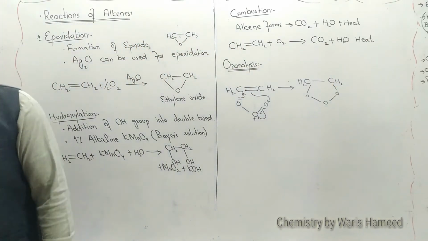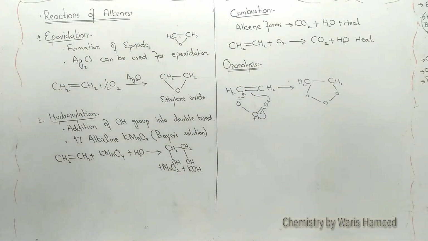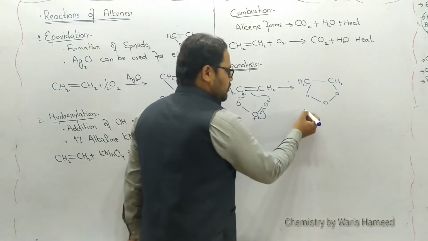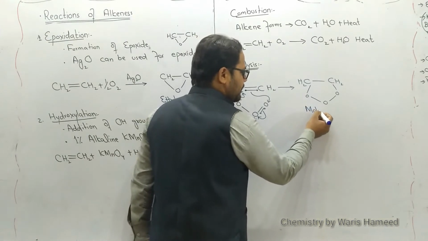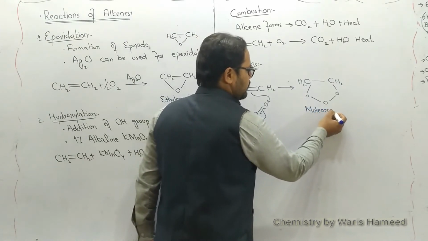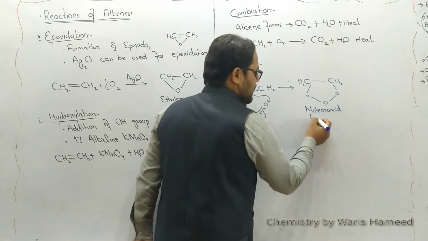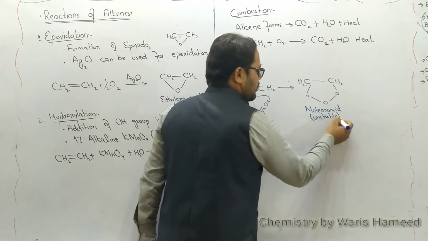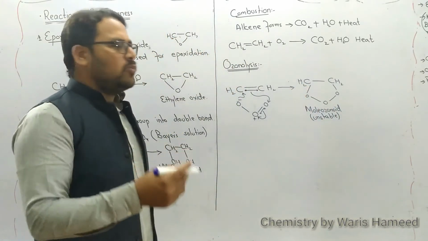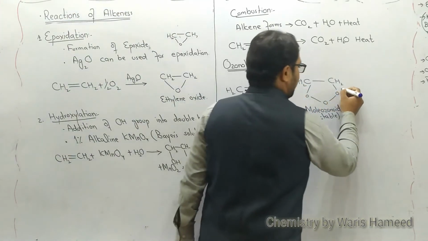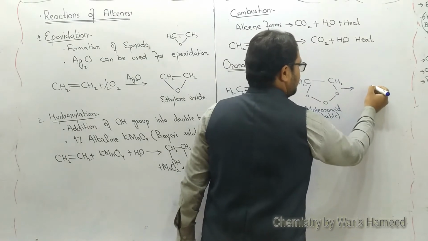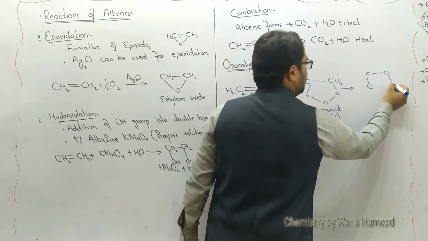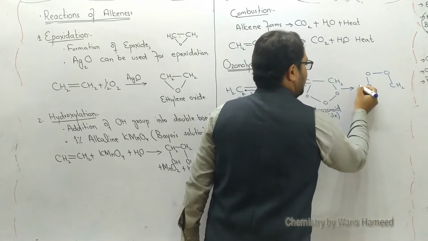Now this molecule is highly unstable, and it is known as molozonide, and it will convert into ozonide.